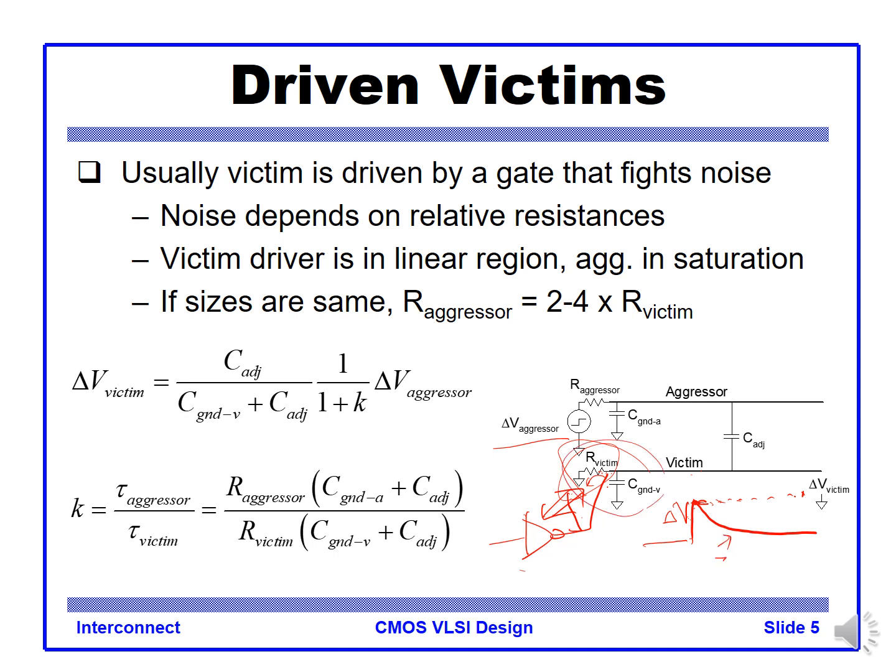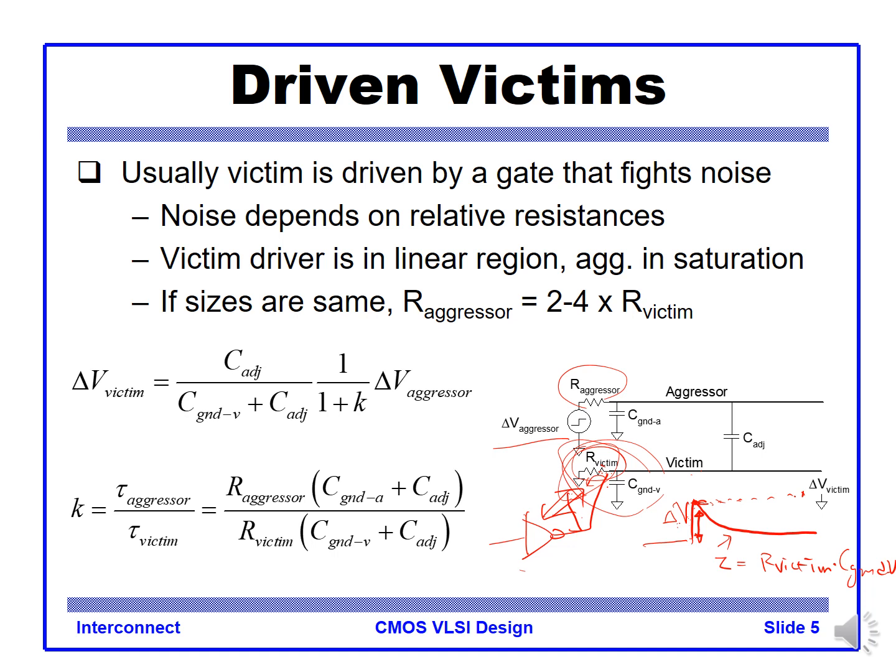This time constant tau equals R victim times C_gnd V. So the actual voltage initial peak is related to the resistance between our aggressor and victim side.